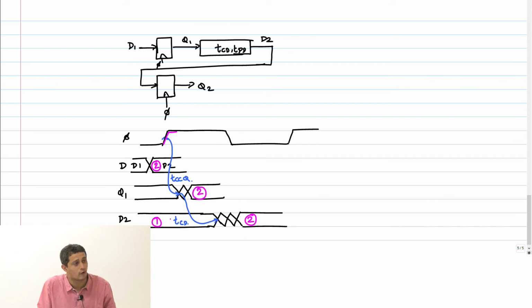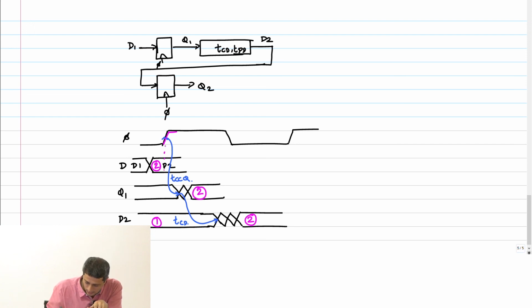Now in order for D2 to sample event 1 that you see here, what is the constraint that I have to ensure? I have to meet the hold time, right? If D2 changes before the hold time, then I have an issue. That's the basic point. So what is the constraint that I can now impose?